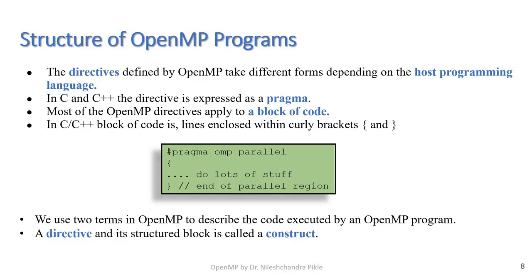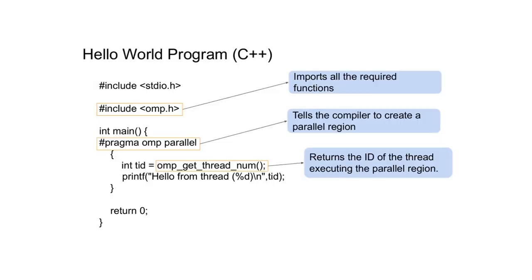A directive and its structured block together, this entire thing, is called a construct. So a construct is what is within the curly brackets along with the directive.